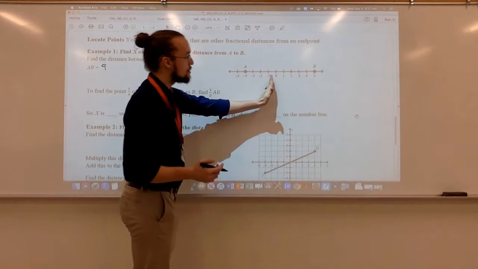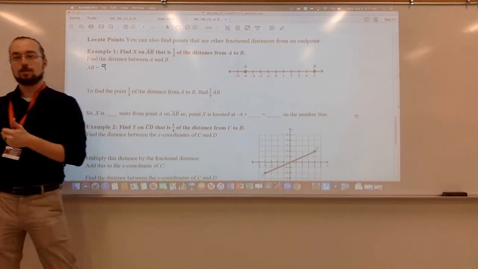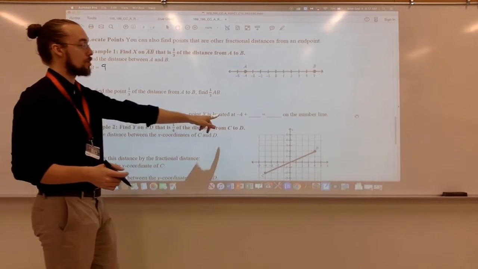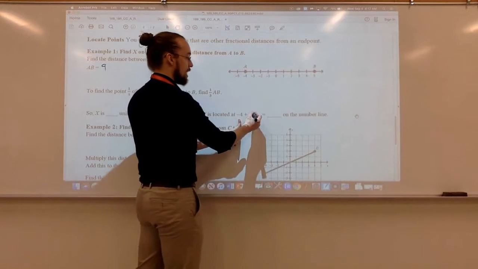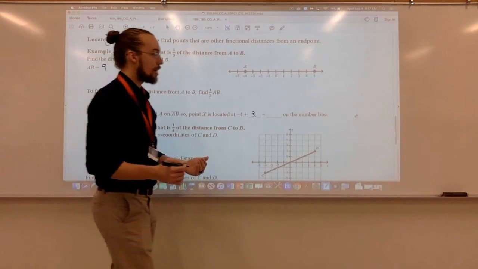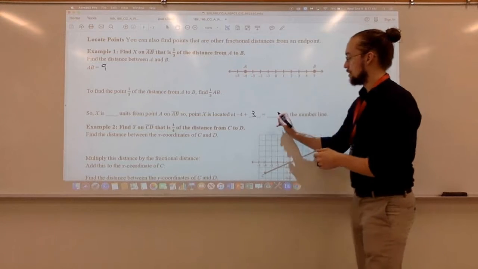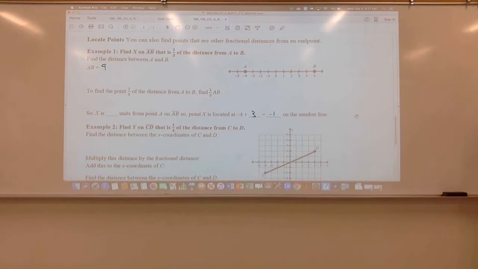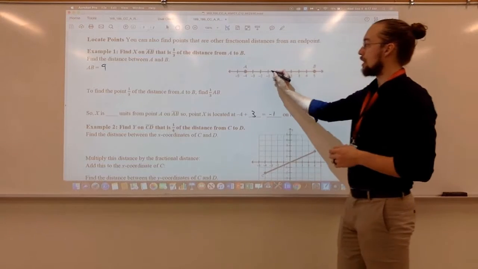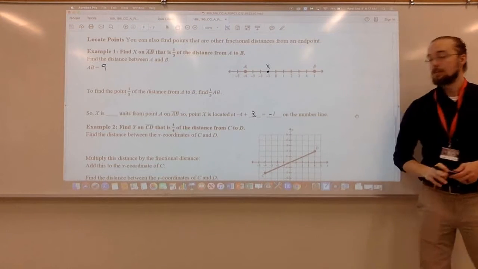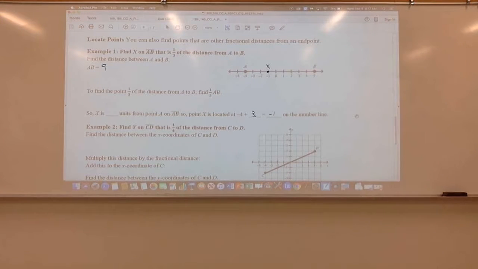I want to go a distance of 1/3 of that total distance, so I want to go a distance of 3 from A. So I'm starting at -4, and I'm going to go a distance of 3 to get to my final coordinate of -1. So on the number line here, our point x, that is 1/3 of the distance from A to B, is at -1.